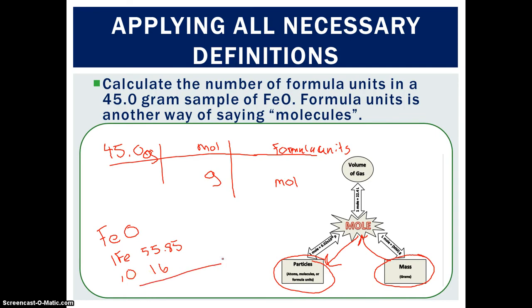Now I need to add this up. 55.85 plus 16. Got 71.85. So that's my conversion factor here. Grams per mole. 71.85 grams per 1 mole. So now my grams is canceled.